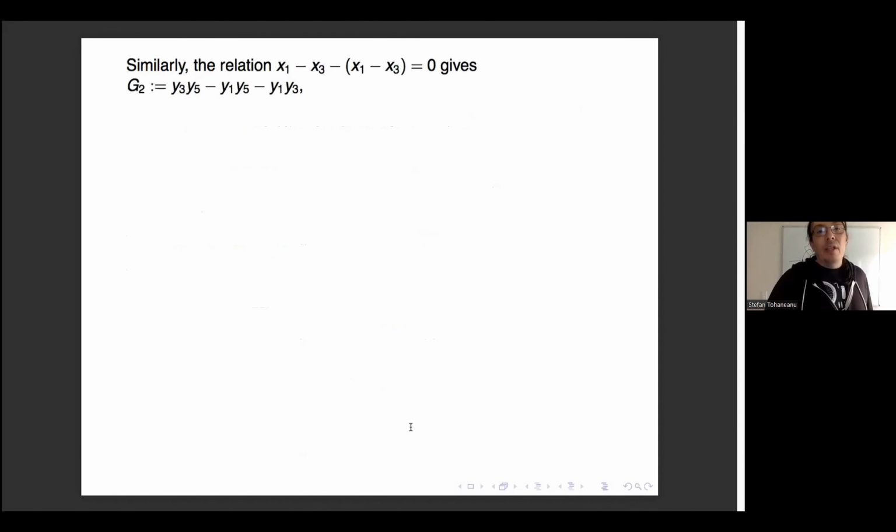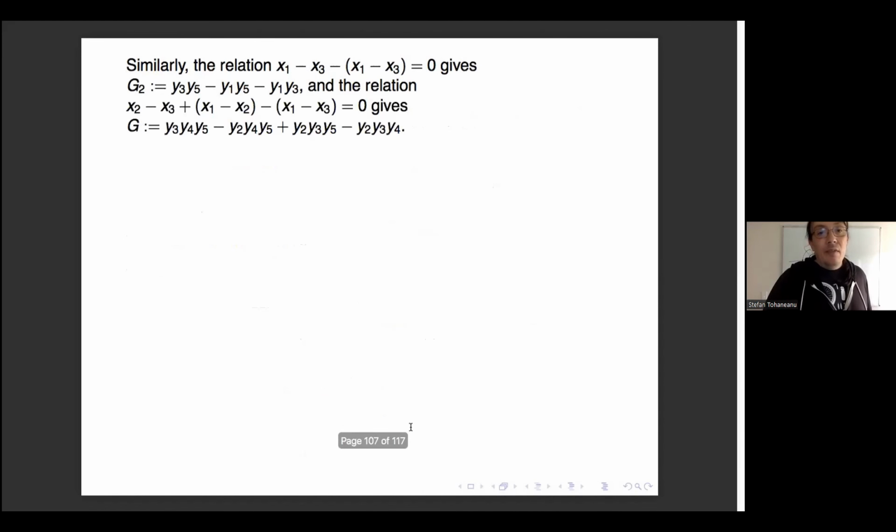Similarly, for the other dependence, x1 minus x3, we get that. And also we have this relation between four of the linear forms.